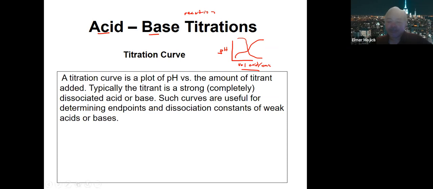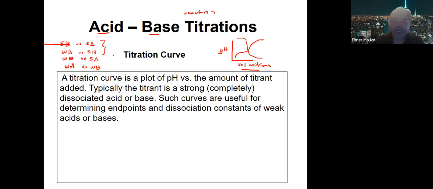For instance, a titration of a strong base versus a strong acid, or vice versa, a weak acid versus a strong base, or a weak base versus a strong acid, or both of them, weak acid versus weak base. But the ones that are common are the first three. Today we're going to go over some examples on these three, at least two of them.